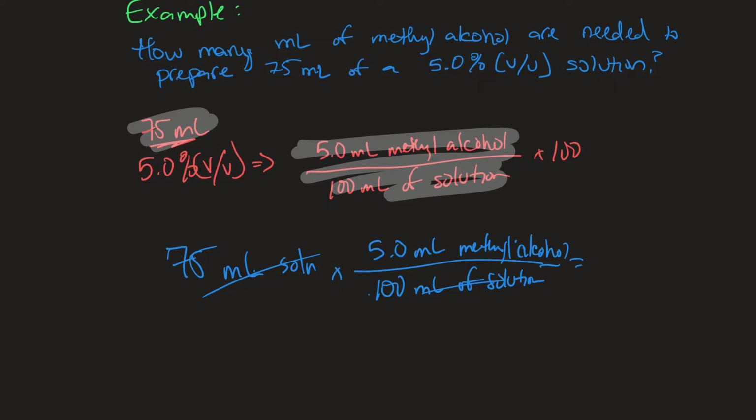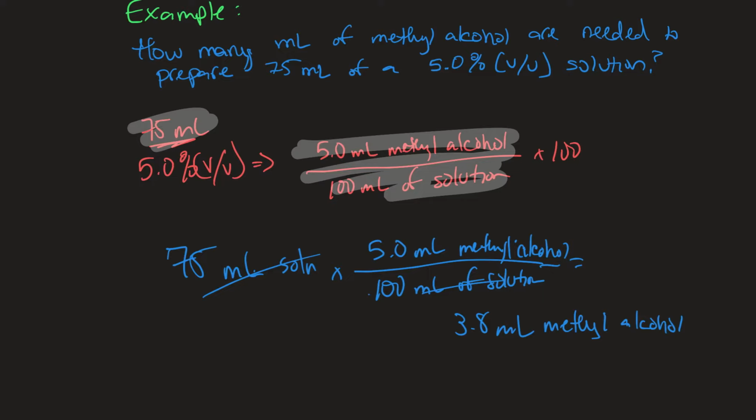So when you do 75 times 5 divided by 100, you get 3.8 mL of methyl alcohol. Hopefully you start to see that there's a pattern to all these percent concentrations, whether it be mass to mass, or in this case volume to volume.